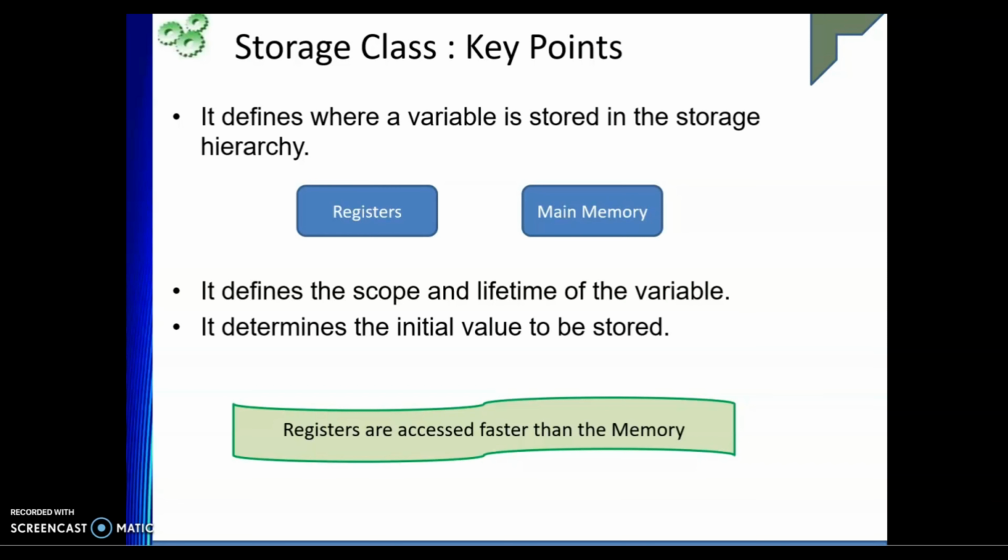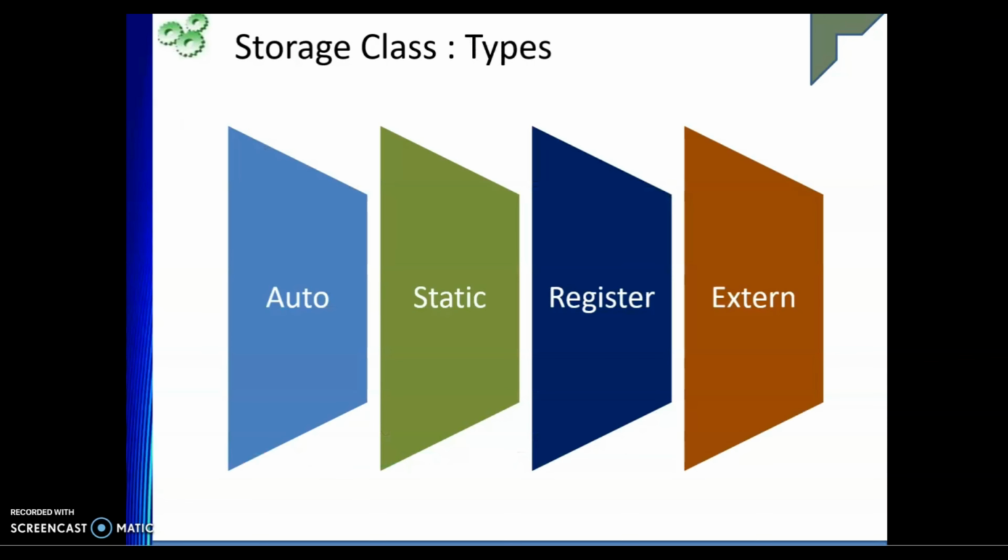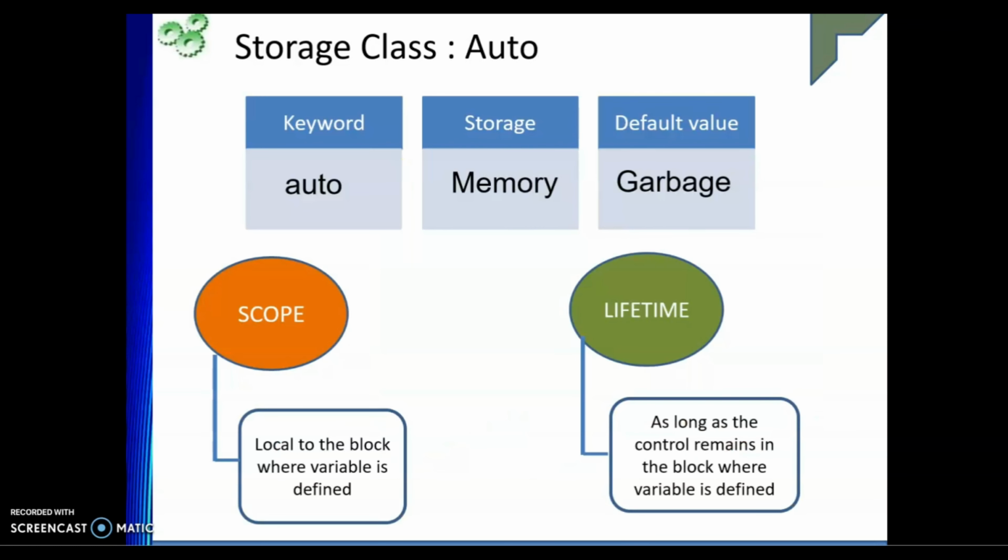And a register is always accessed faster than memory, as we know. The types are auto, static, register, and extern. Auto is stored in memory with a garbage value. Its scope is local to that particular block, and its lifetime ends once control moves out of that block. So the initial value is garbage.